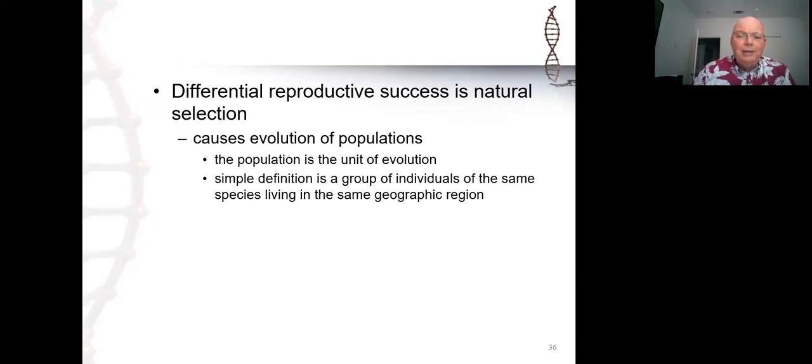Individuals who are better able to utilize their environment are more likely to thrive, more likely to survive, more likely to reproduce, more likely to leave behind offspring that look like them.